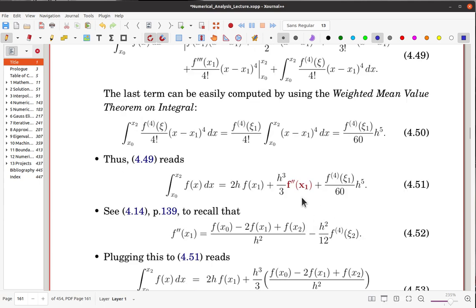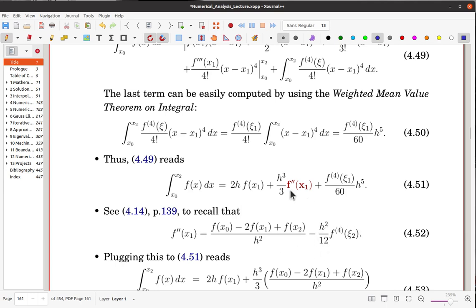And now we have to replace this term by something. Earlier, we know that f double prime at x1 has a midpoint formula using x0, x1, x2, and the error is second order. We know that.